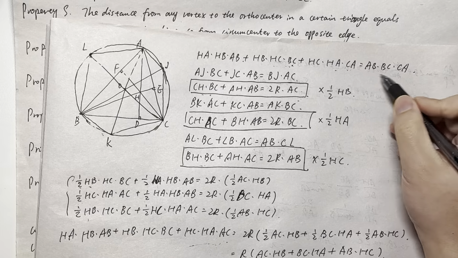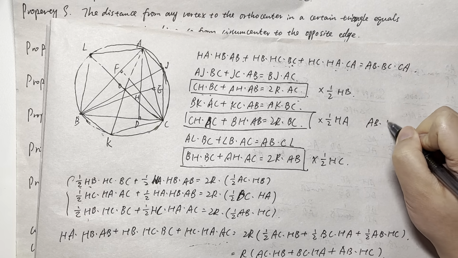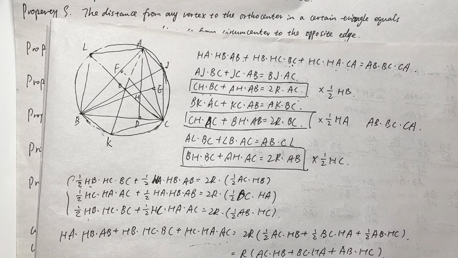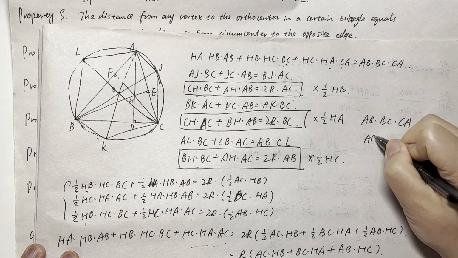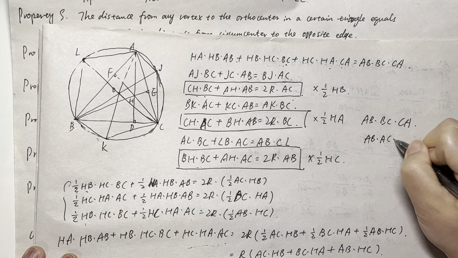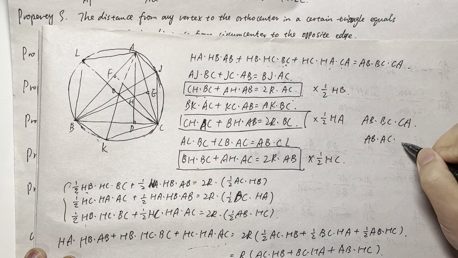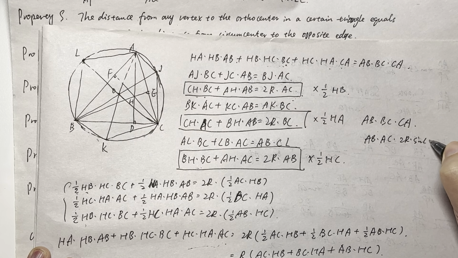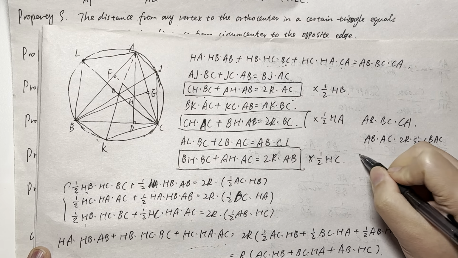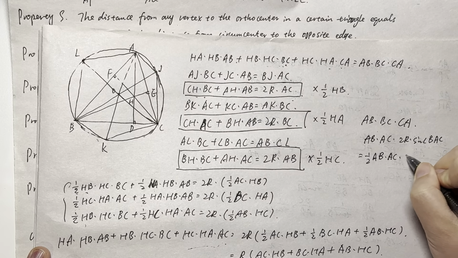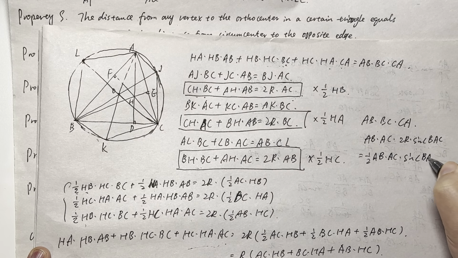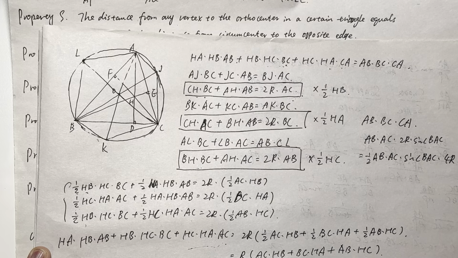So what about AB times BC times CA? What is it? AB times AC times BC. BC can be rewritten as 2R sine angle BAC, right? So this equals half of AB AC sine angle BAC times 4R, right?